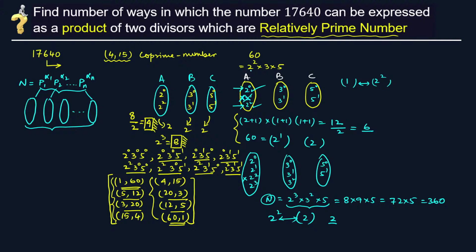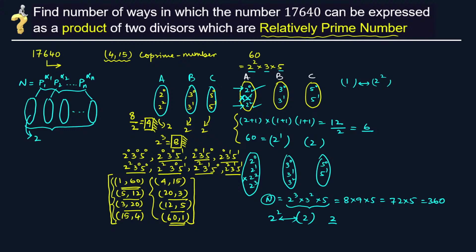Like here. Here it is 2 square into 3 into 5. So 3 sets were there. Similarly, here there are n primes. So there will be n sets. Now from each set, to get the product of two numbers which are relatively prime, you can only select items from every set in two ways.